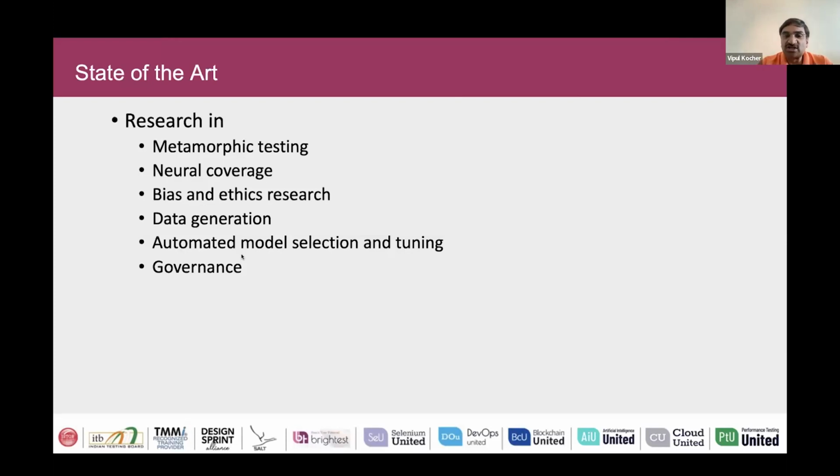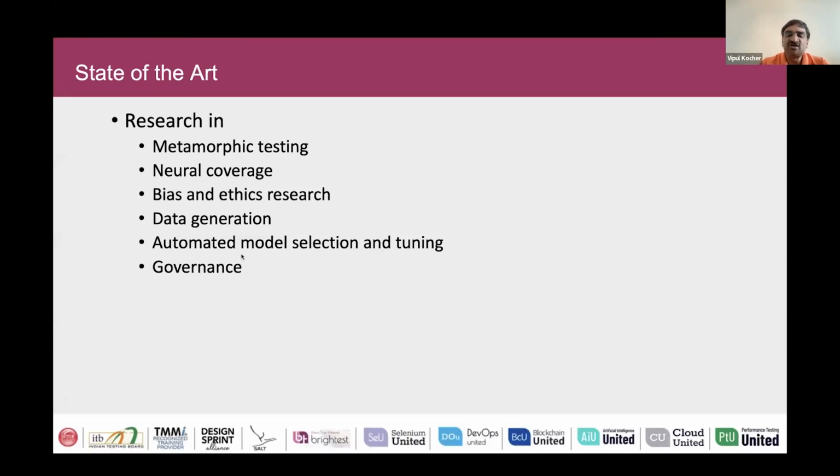Testers need to understand bias. Then you need to have tools to understand bias: statistical bias, algorithmic bias, model bias. So you need to look at all sorts of biases, sources of biases, and how to remove them. You cannot remove 100% of the bias. That may not also be desirable. But as a tester, if you want to do machine learning testing, you need to understand bias, and you need to understand how to test for bias, and how to remove it wherever it is desired.